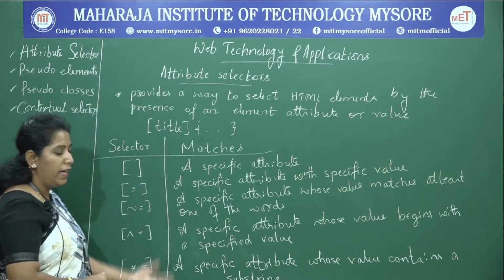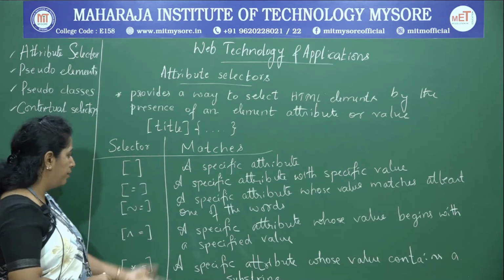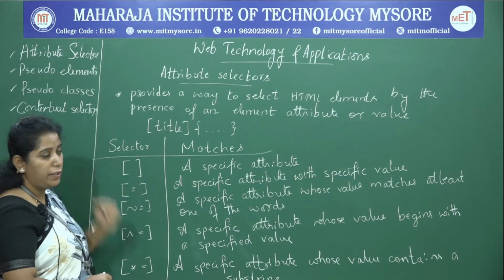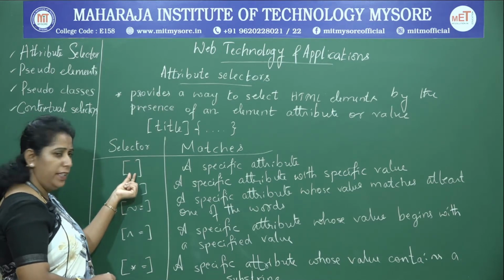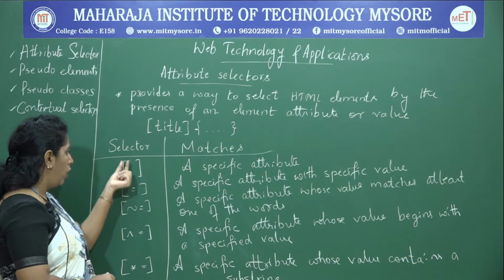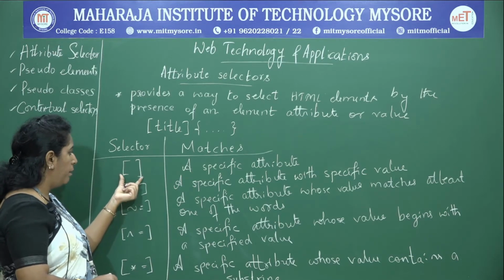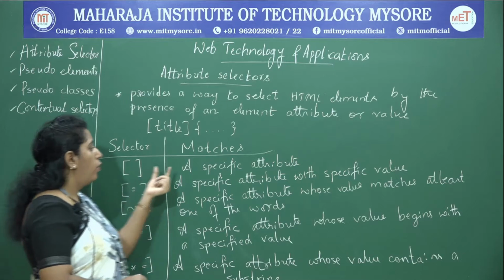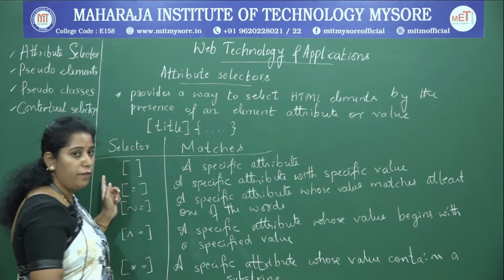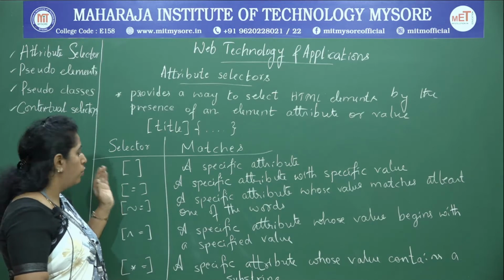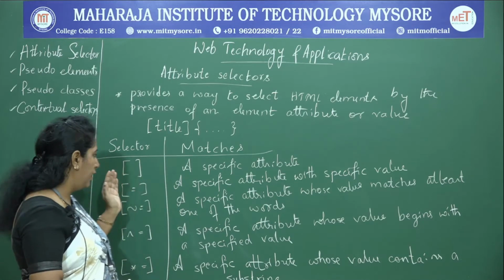Here I have listed a few of the selectors for attribute type. For example, if you give an attribute or a value within a pair of square brackets, it matches a specific attribute. I will give you an example on this so that you can understand it easily.